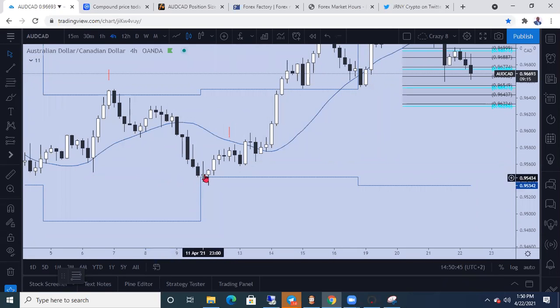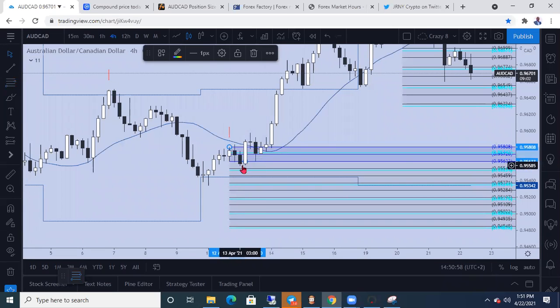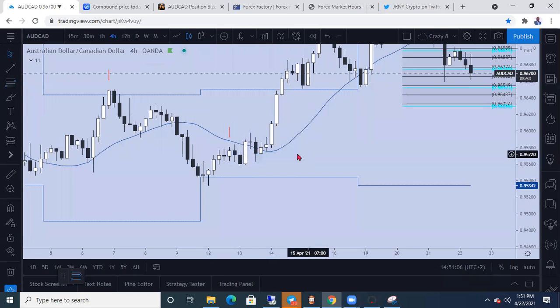Price pretty much came, took out that, and then went the other way around. So when we have our H4 PC here, we basically would have filled our H4 PC to the downside, anticipate an invalidation, a retest of our preferred entry, and then we'll continue our move to the upside.